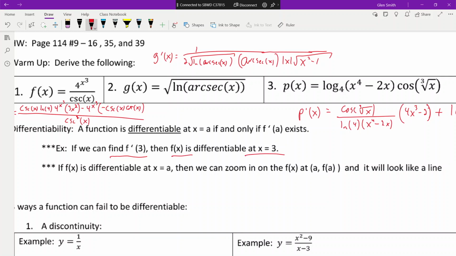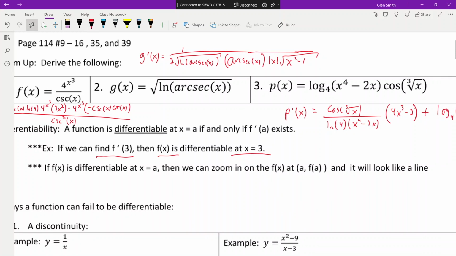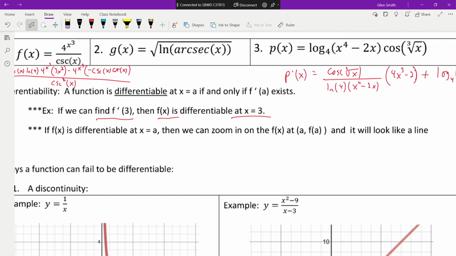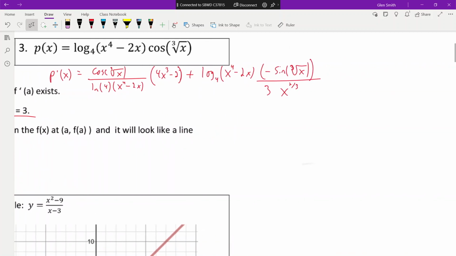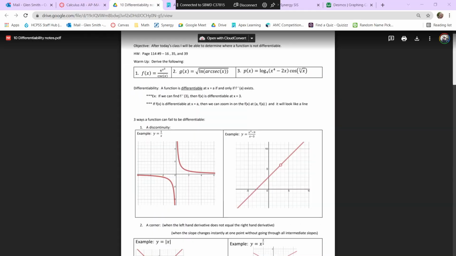Pretty crazy. And graphically or geometrically, what differentiability means is if it's differentiable and you zoom in on it, it's going to look like a line. Now, most functions we've seen so far have looked like a line. Most functions we're going to come across are differentiable. Let me show you an example of one that is not going to be differentiable.